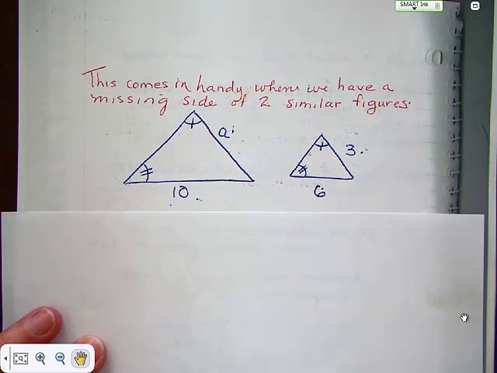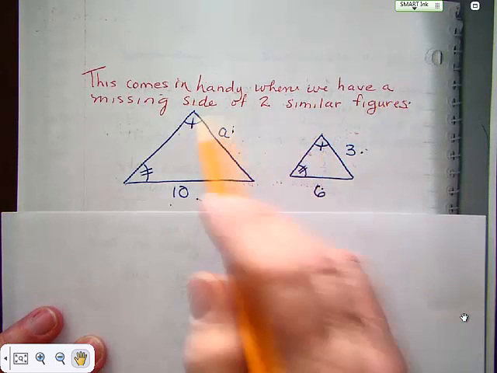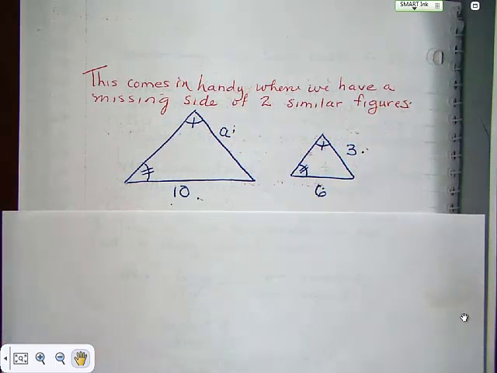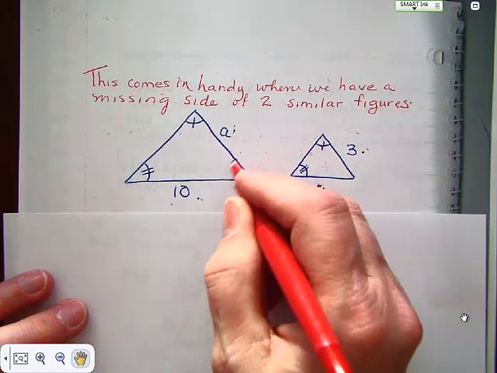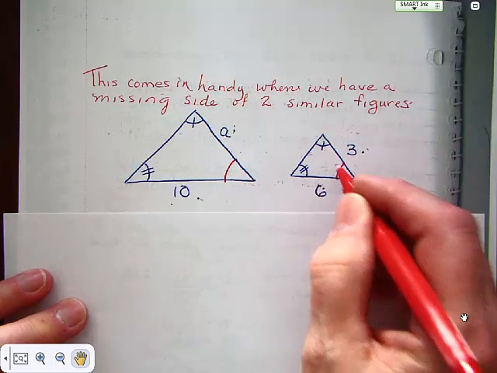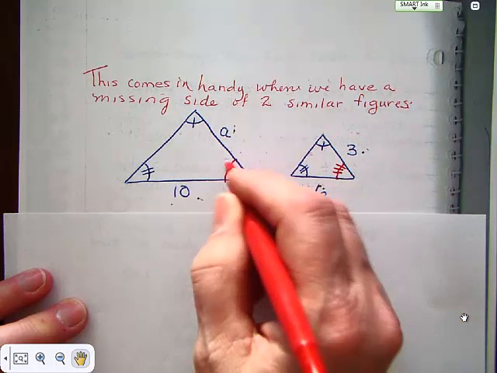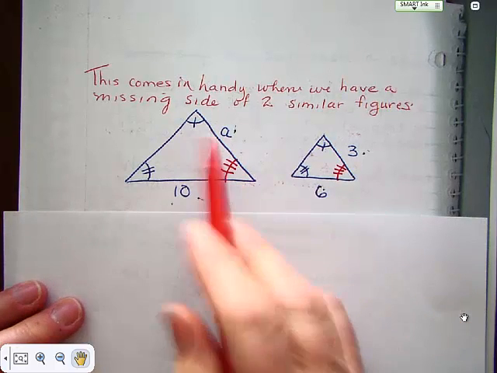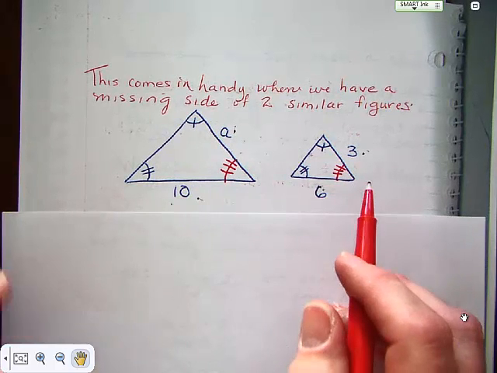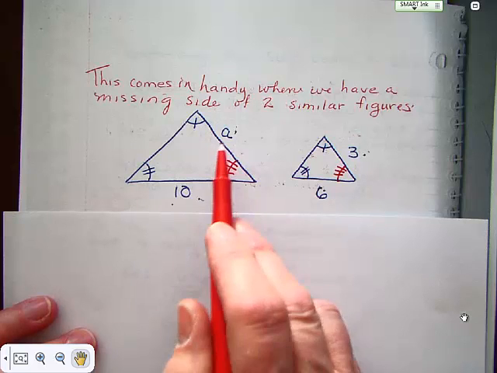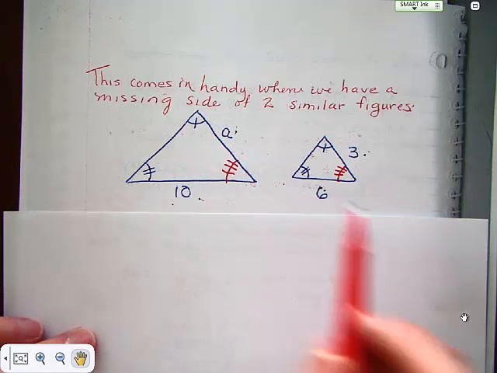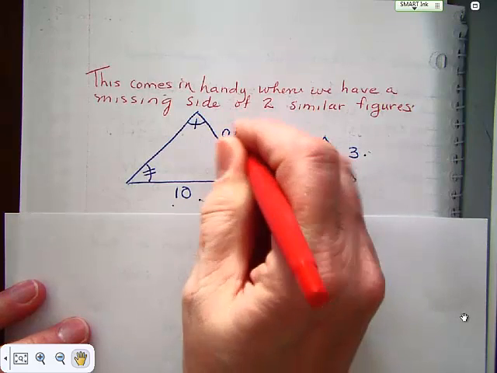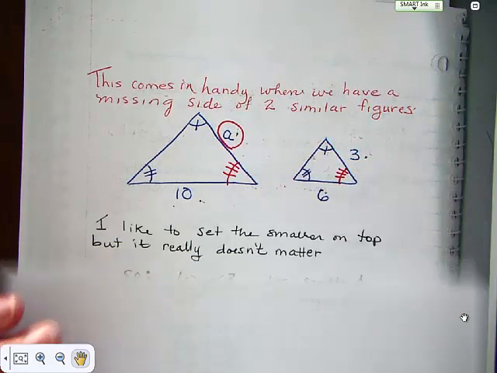We can assume, because these two and these two are equal, that this third one would also be equal. Having said that, we know they're similar because all of their angles are the same. So then their sides will be proportional, and you can set up a ratio to find this missing side.